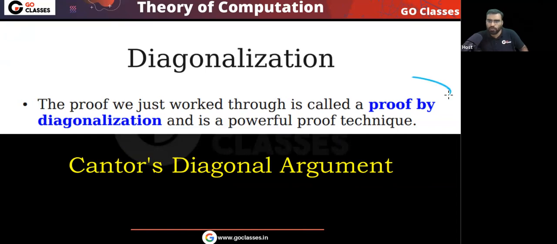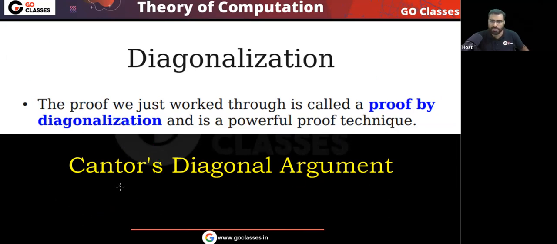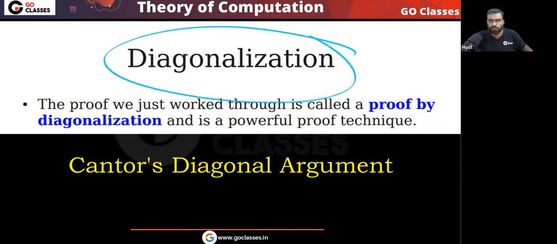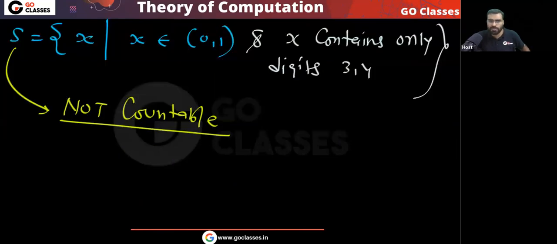This is called proof by diagonalization, or Cantor's diagonal argument, Cantor's diagonalization proof. Understood? So this is what we have done: this set S is uncountable. Please tell me, did you understand or not? So what have we done so far? Tell me what we proved.